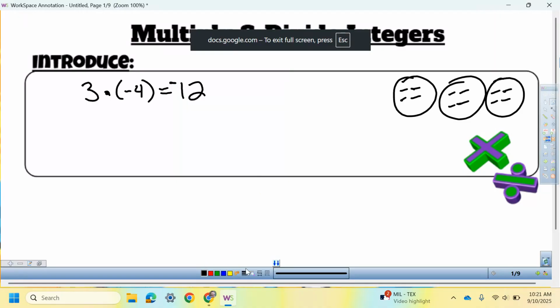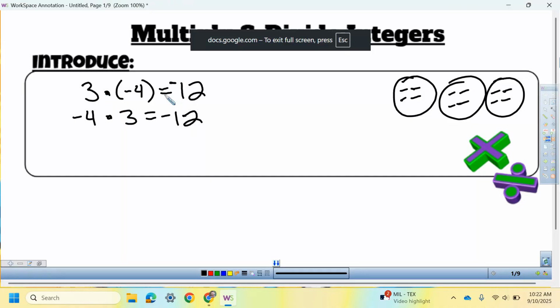To see if you can figure out what the rule is on your own, I'm going to show you how this looks in a fact family. So if I know that 3 times -4 is -12, well, that also must mean that -4 times 3 is also -12. I'll give you a hint.